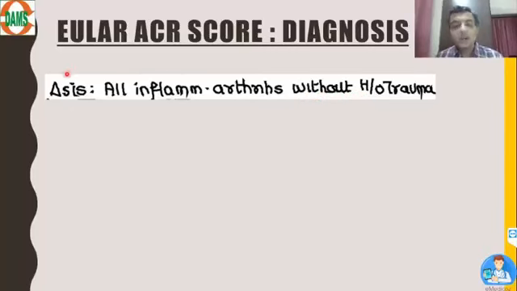EULAR, as I have already told you, stands for European League Against Rheumatism, and ACR means American College of Rheumatology.